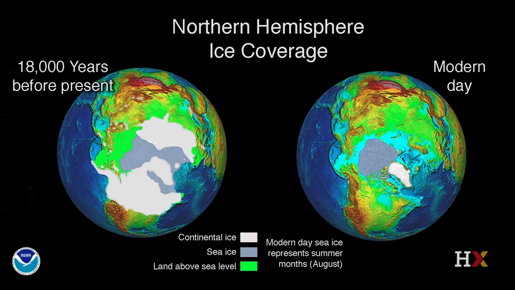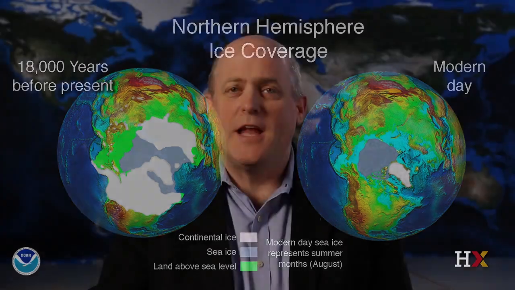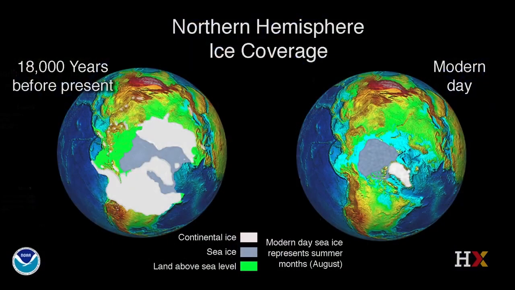If you compare what the world looked like 18,000 years ago to today, it's quite remarkable what a big change this was. The difference between the world on the left and the world on the right in global average temperature is about 5 degrees Celsius. This is surprising to some people. We don't normally think about global average temperature. We experience changes of 20 degrees or more on a single day between night and day.